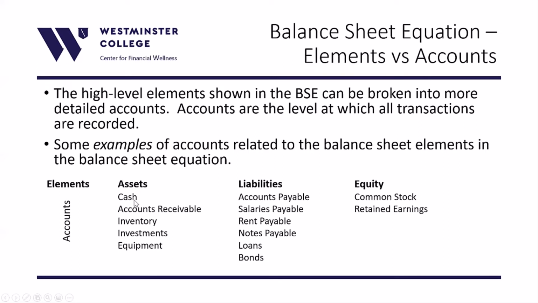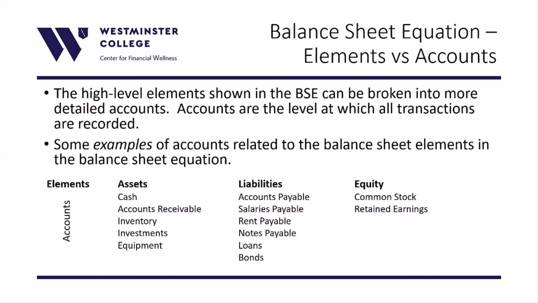For example, a company may have assets of cash and accounts receivable, inventory, etc. Likewise, a company may have liabilities of accounts payable or some bonds, and equity accounts of common stock or retained earnings. Okay, these are just some example accounts.